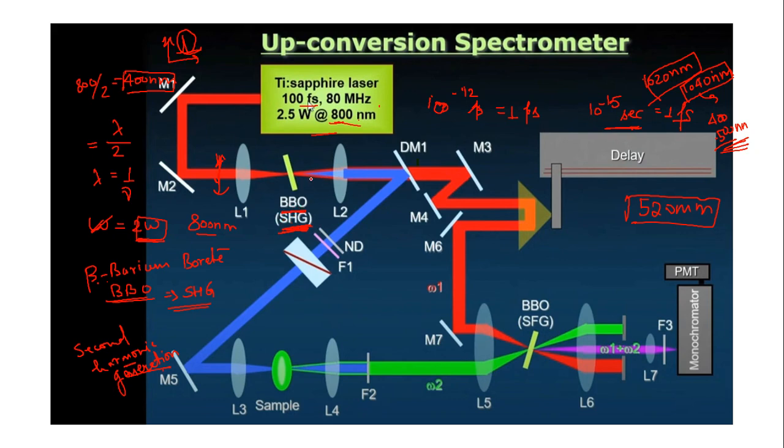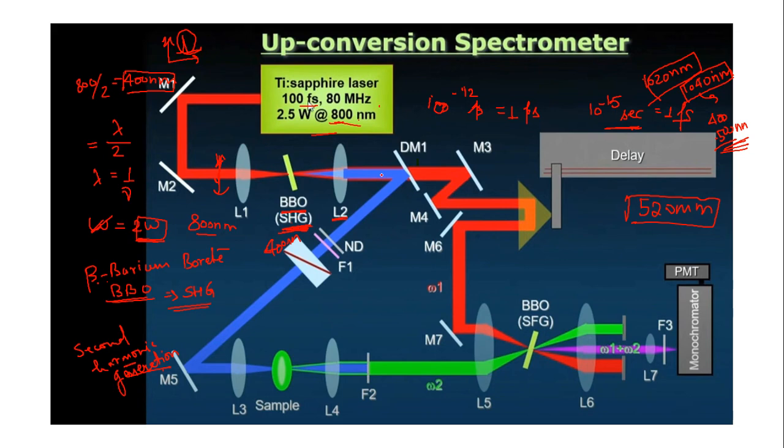Now back to the entire diagram of this spectrometer. After conversion, this 800 nanometer light converts to 400 nanometer. From 400 nanometer, it goes to L2.